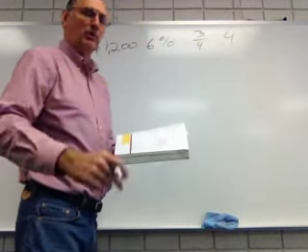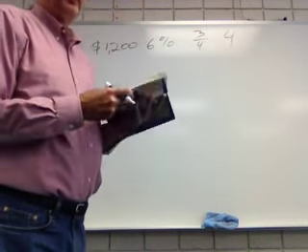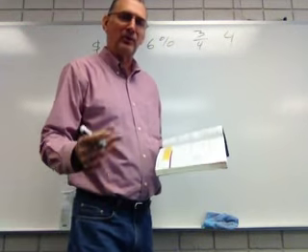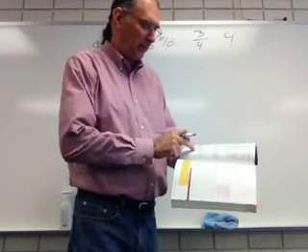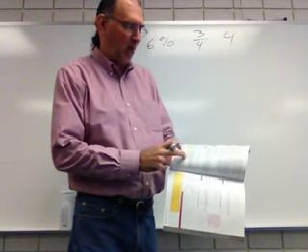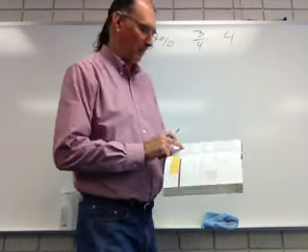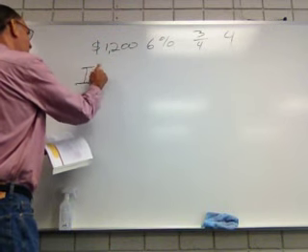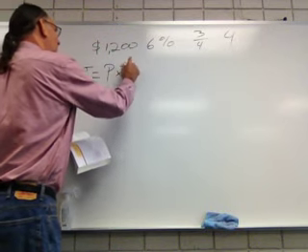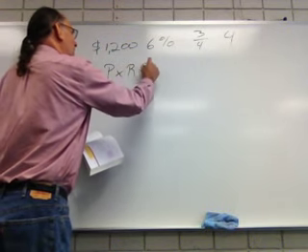So we have two different loans we've got to calculate. My question to you, my friends, is do we have a formula? Well, of course we have a formula. It's right there in the gray box, or the tan box, right above the example. We have interest equals principal times rate times time.